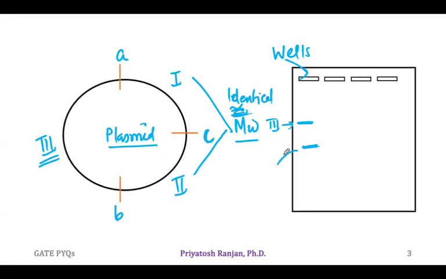And then this one corresponds to the first and second, because agarose gel will not be able to distinguish the first and second because of the identical molecular weight as well as the conformation. However, you will see a more intense band because there are 2 fragments here, and I'm placing 1 and 2 at the bottom because those are going to be of low molecular weight compared to the third fragment. So I hope this is clear to each and every one of you.